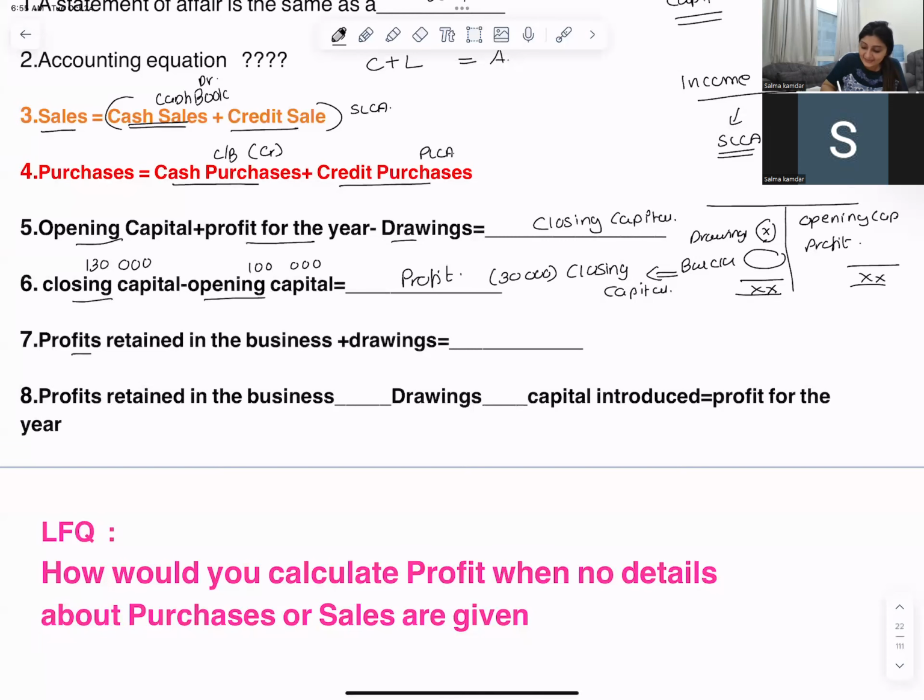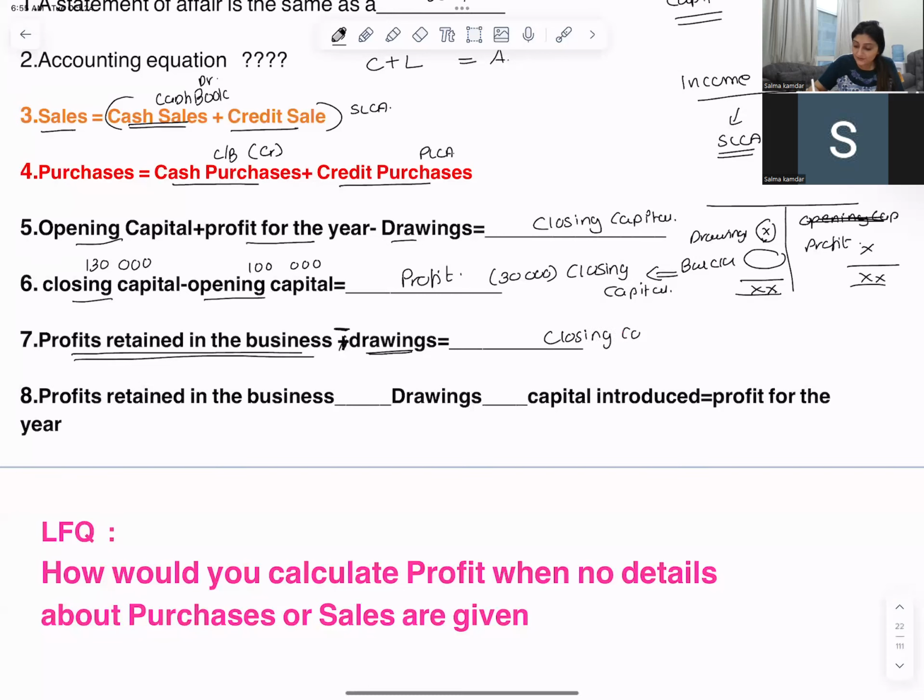Profits retained in the business. Profits retained in the business plus your drawings is called what? So from the profits, if you subtract your drawings, you will get your closing capital.